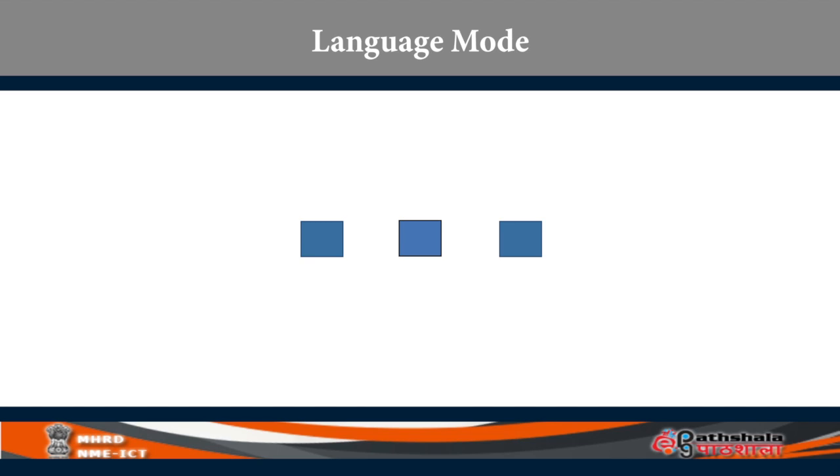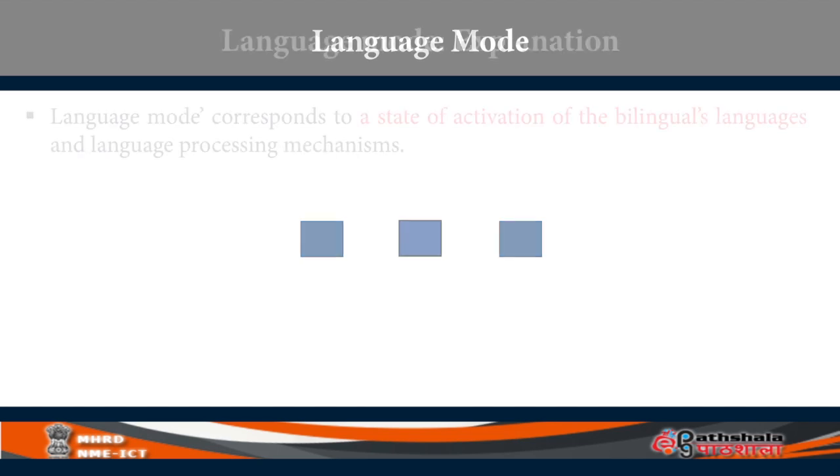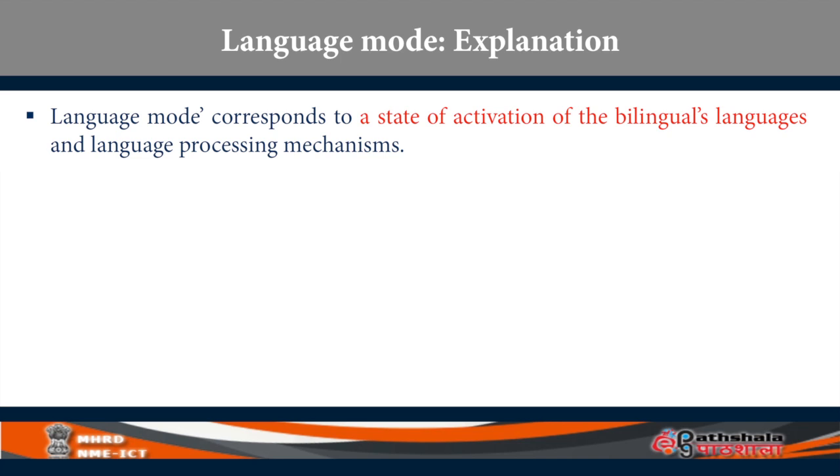That's why it's less blue. And when you come to the rightmost side, you see language B is also active along with your A language. Let me explain it a little bit more. Basically, language mode corresponds to a state of activation in the bilingual, the state of activation of the languages that the bilingual speaker knows at any given time.